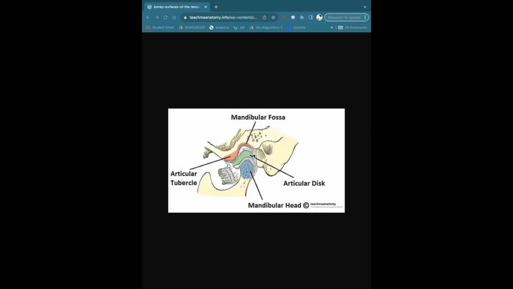The articular tubercle of temporal bone, yes, exactly. And the mandibular fossa also of the temporal bone. And finally, the mandibular head. So what is unique about this joint is that those bones don't touch.